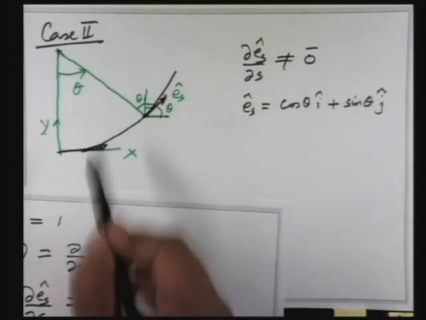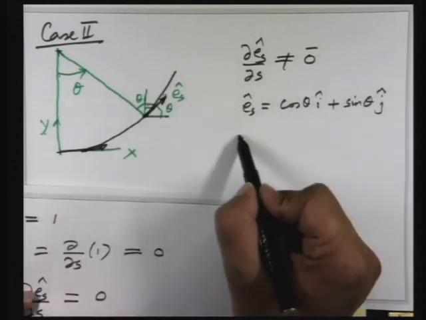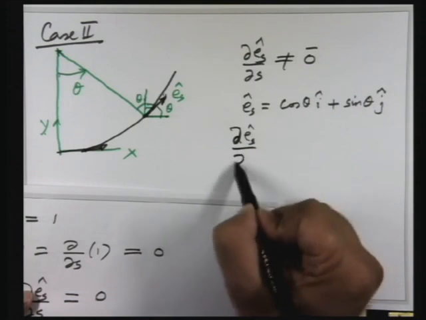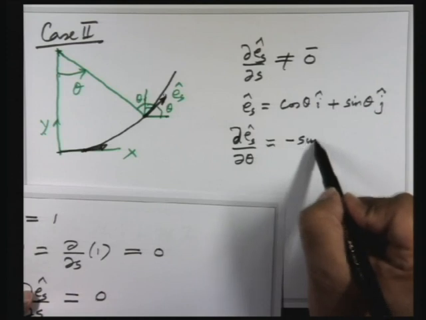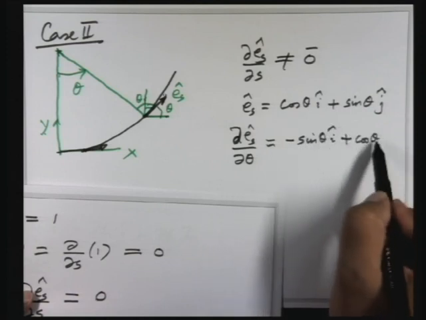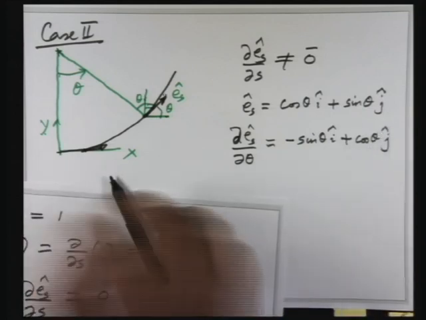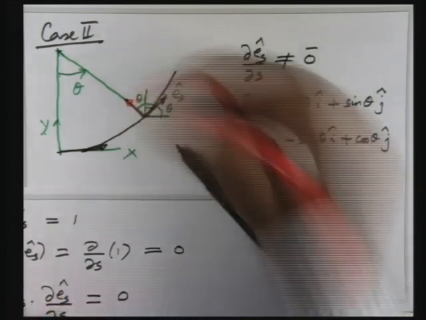So this is changing as you move along this streamline. So what is del es del theta? This will be minus sin theta i plus cos theta j. Now let us look at this unit vector which is perpendicular to es.